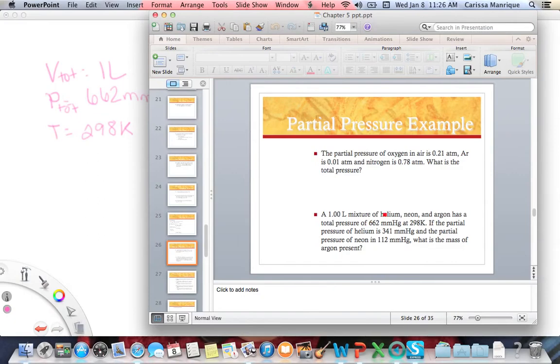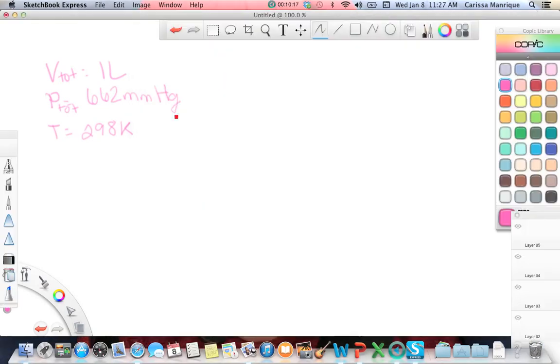It says a mixture of helium, neon, and argon has a total pressure of 662 at 298. So I have total volume, total pressure, and temperature. Now, the partial pressure, so the individual pressures, that's what partial pressure means, of helium is 341 and the partial pressure of neon is 112.